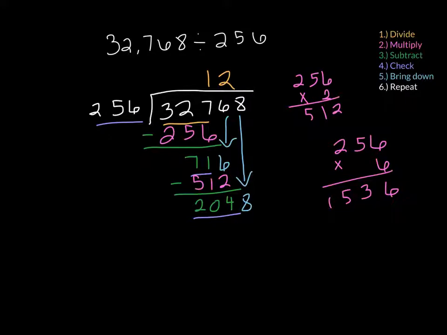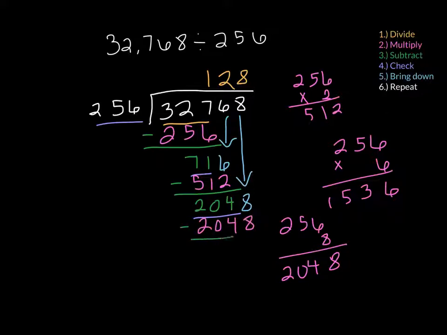And it was too small because that's quite a ways away from it. And actually, let's go ahead and try an 8. So 256 times 8 would be 48, 44, and that's the number we're actually looking for. Subtract, and you have a remainder of 0. So 32,768 divided by 256 is 128.